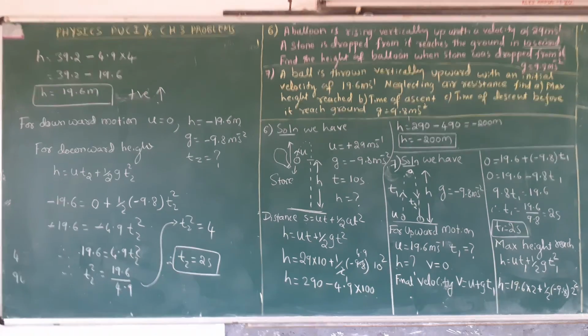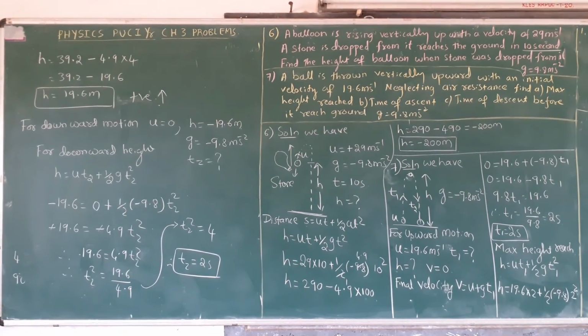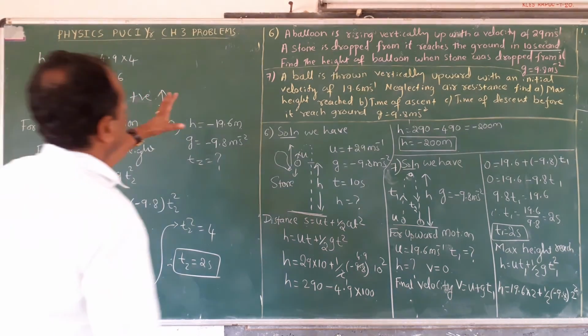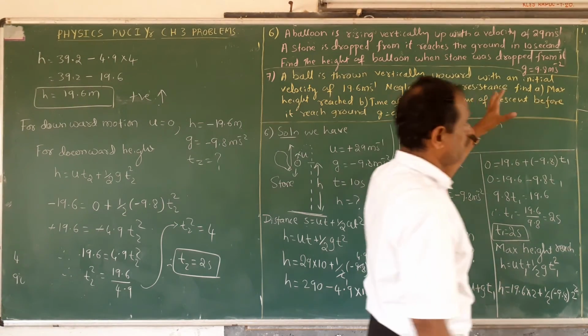When a particle moves with the acceleration due to gravity, due to the effect of gravity, at that time must and should use the sign conventions. Sign conventions play a very important role. This is about the motion of the particle in one dimension problems.